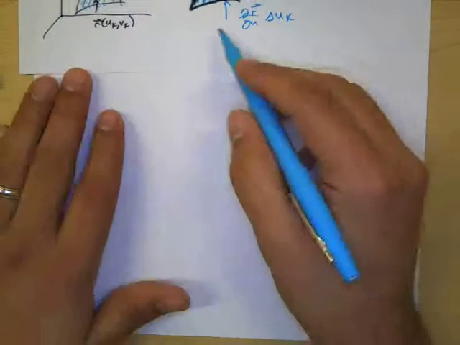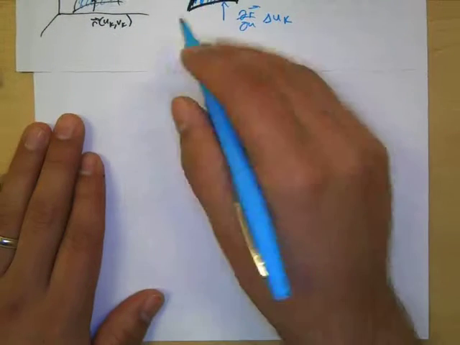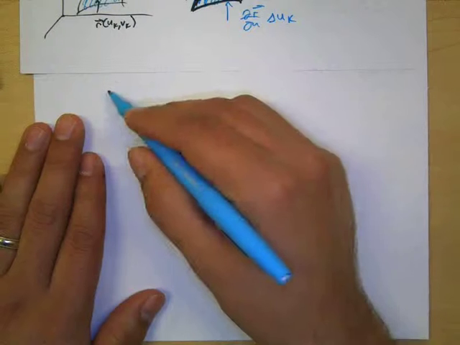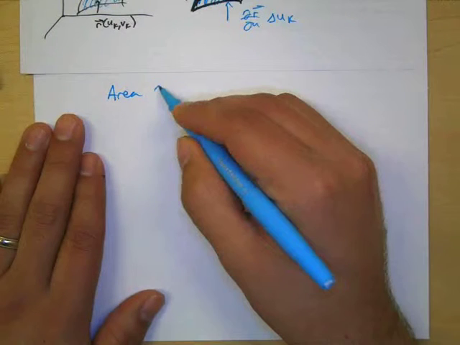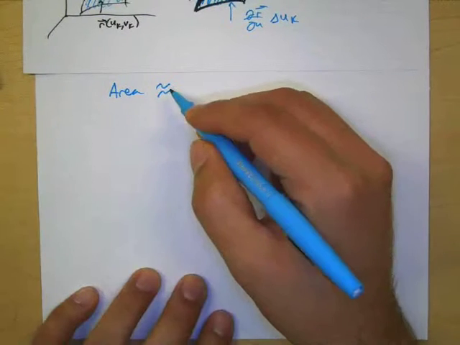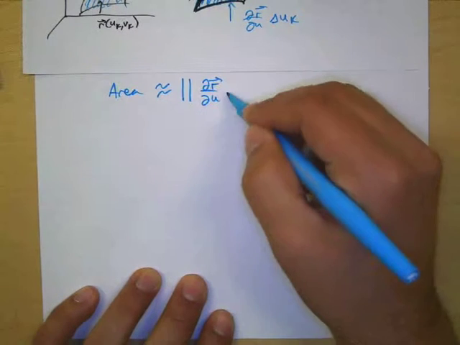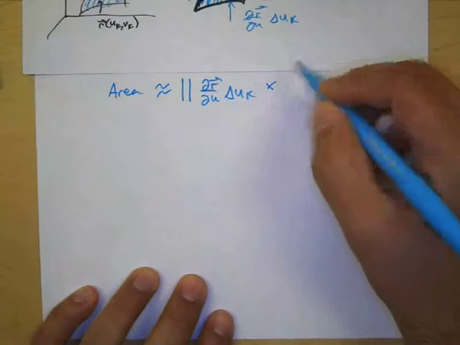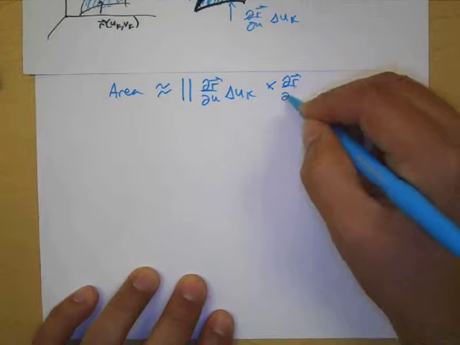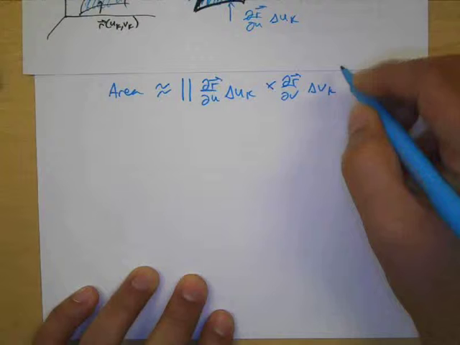So we're going to say that the area is approximately the magnitude of the cross product of partial r partial u delta u sub k with partial r partial v delta v sub k.